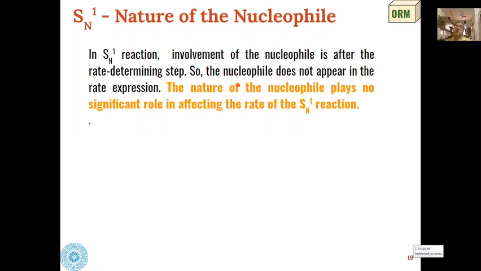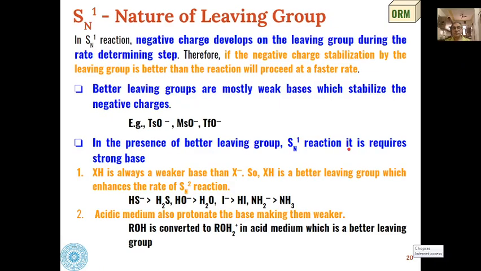And because the nucleophile is not appearing in the rate expression for this reaction, the nature of the nucleophile plays no significant role in determining the rate of SN1 reaction. So SN1 reactions are independent of the nature of the nucleophile.